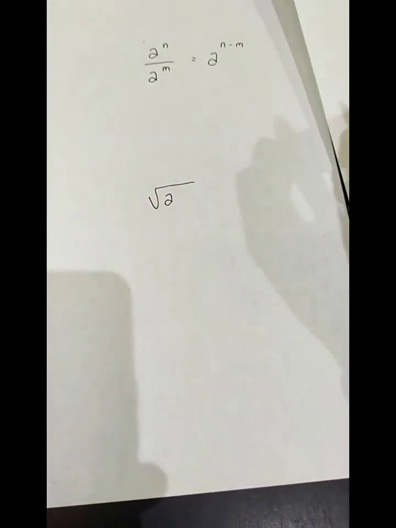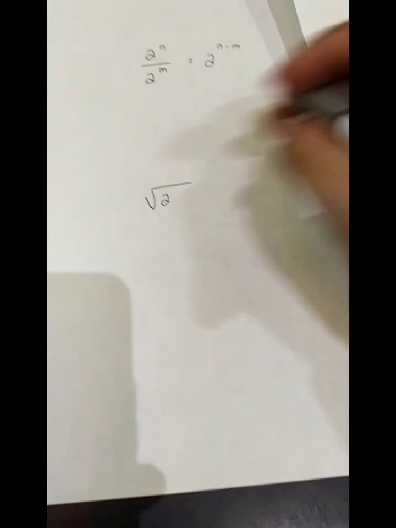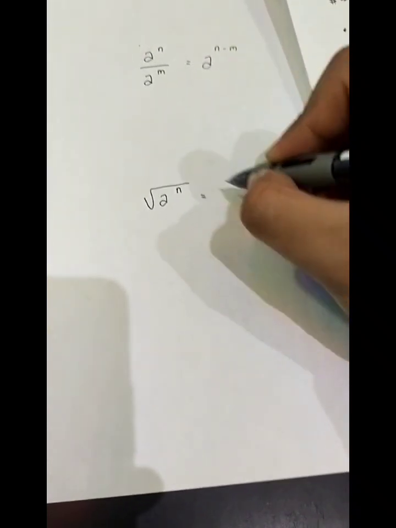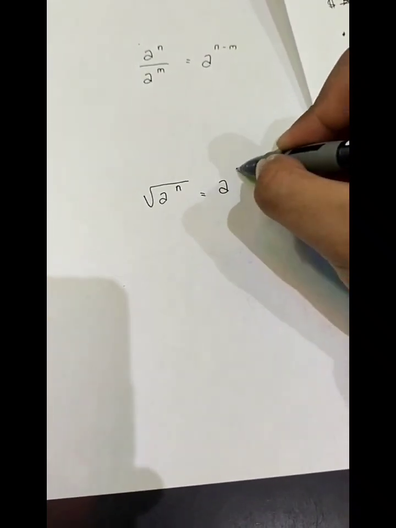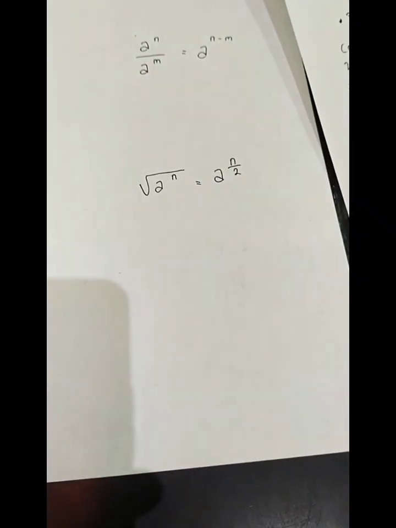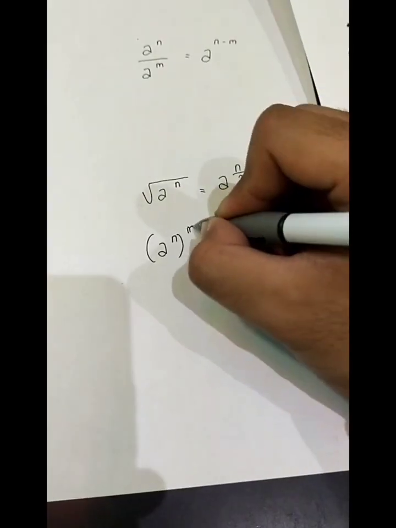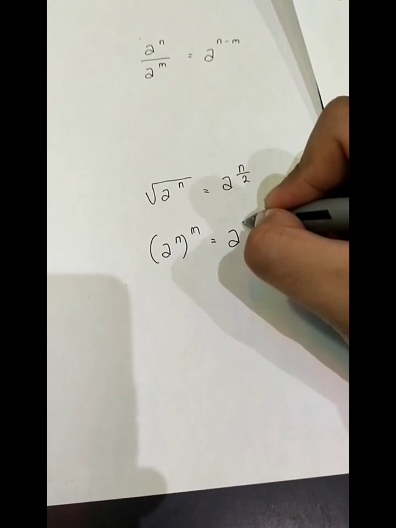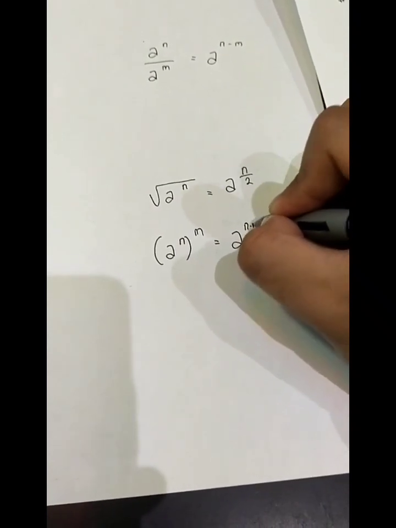But now here we have square root of a raised to the power of n equals a raised to the power of n divided by 2. And then always remember that (a raised to the power of n) raised to the power of m equals a raised to the power of n times m.